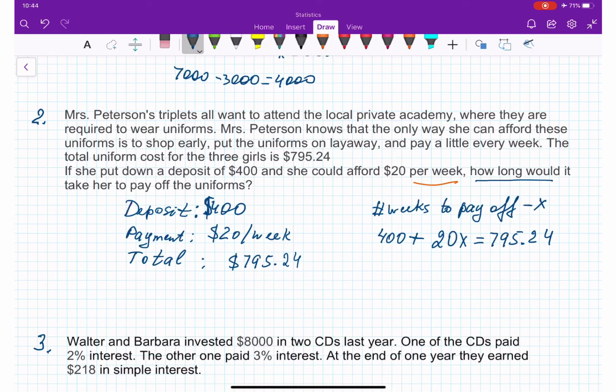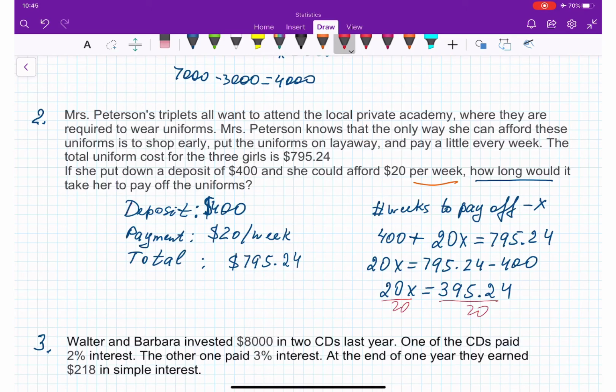All right, well, let's solve it. 20x is equal to $795.24 minus 400. So 20x is equal to $395.24. And since we are dividing by 20, my x approximately, if I round it up, is going to be 20.